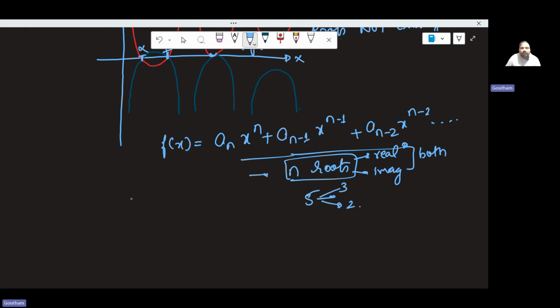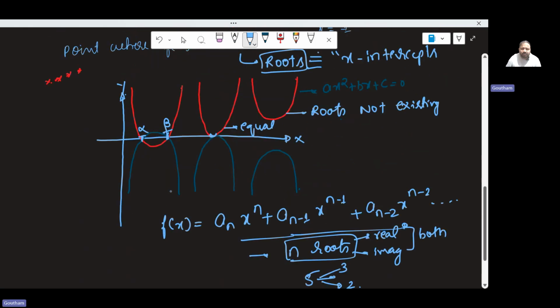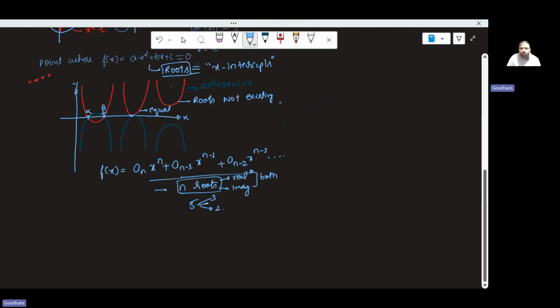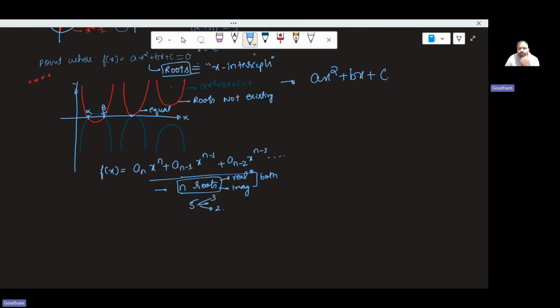All right, gentlemen. Now, for a quadratic equation, ax square plus bx plus c, before rushing into this, let me tell you what the roots are.